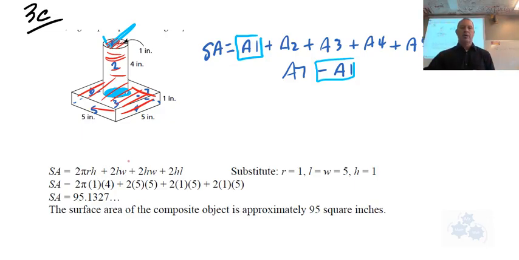Okay, so just for another explanation here, the 2 pi rh, that would be area 2. 2 times the length times the width would be the top piece and the bottom piece as well. 2 times the height times the one side there would be 2HW, and that's front and back. And 2HL would be the height times this other dimension times 2.